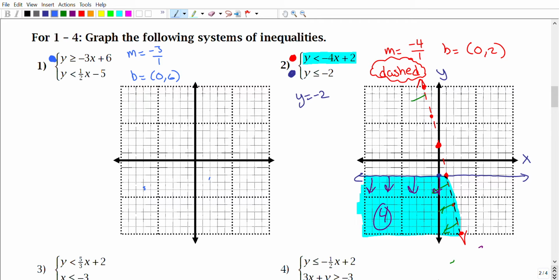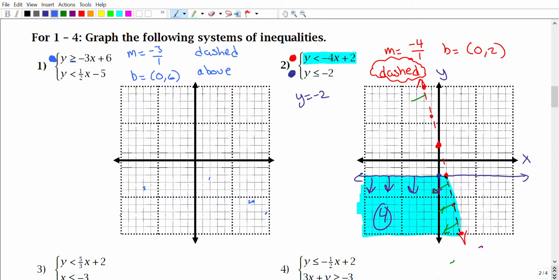Well, it has that little equal to underneath, meaning it's going to be a dashed line. And it also is a greater than or equal to. Greater means we have to shade above.